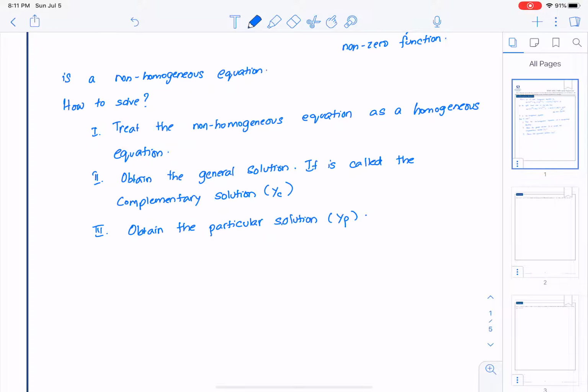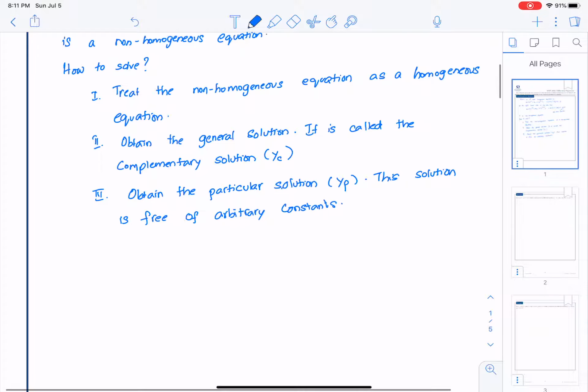The particular solution is free of arbitrary constants. If you recall, the general solution has C1y1 plus C2y2 plus C3y3 and so forth. When we find a particular solution, there will not be any arbitrary constants, C1, C2, C3, and so forth.